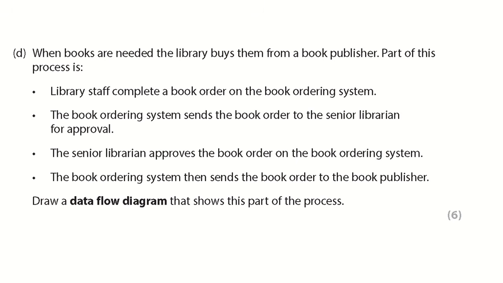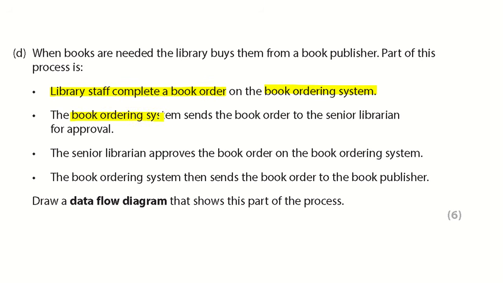On to part D. Now already I can see a lot of bullet points, so I'm fairly sure this is going to be my draw question. So it tells me when books are needed, the library buys them from a book publisher. Part of the process is library staff complete a book order on the book ordering system.